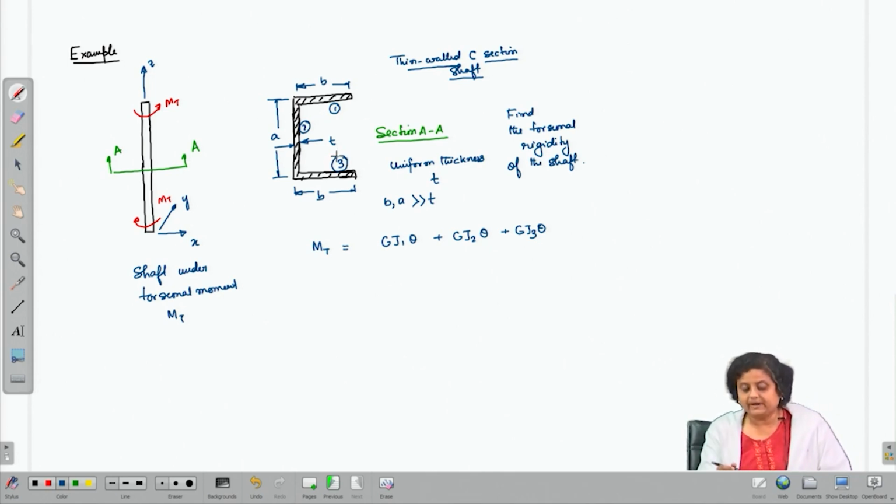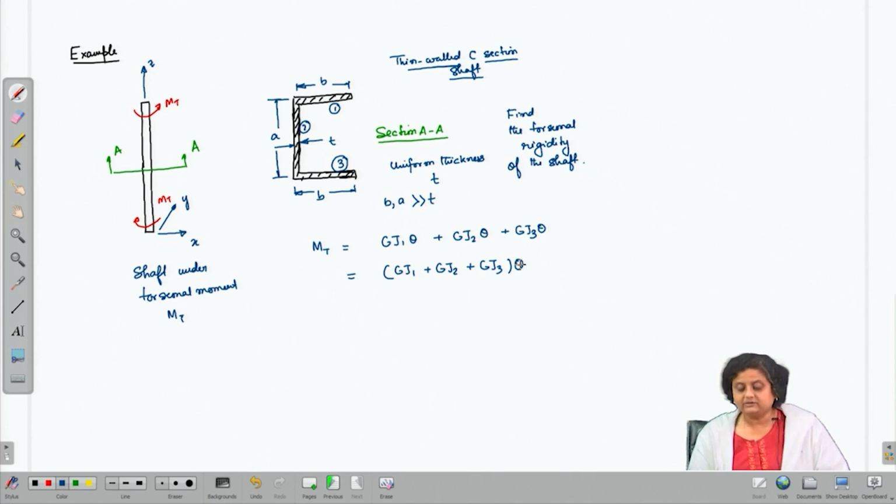Okay. But since this is a single cross section, it will have a single angle of twist which is theta. So, this can be written as GJ1 plus GJ2 plus GJ3 into theta.